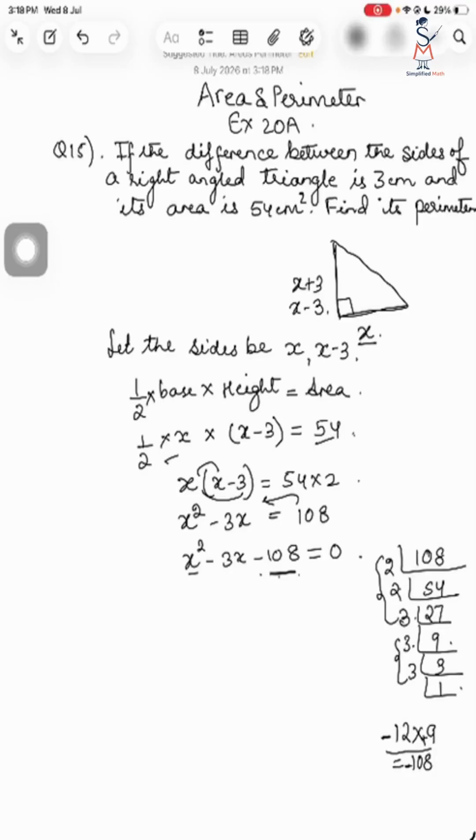But if I write minus 12 and plus 9, I will even get minus 3. Fine. This is how we solve the quadratic equation. I split minus 3 in such a way that when I multiply those two terms, I get 108 with a minus sign. That is important, to keep the signs in mind.